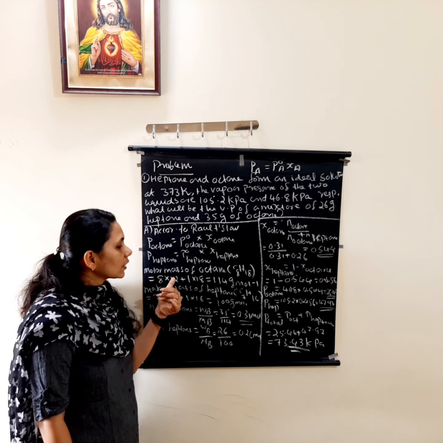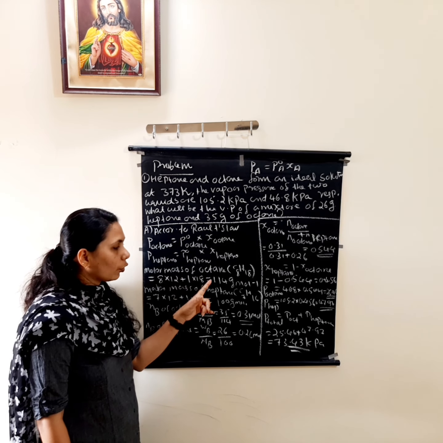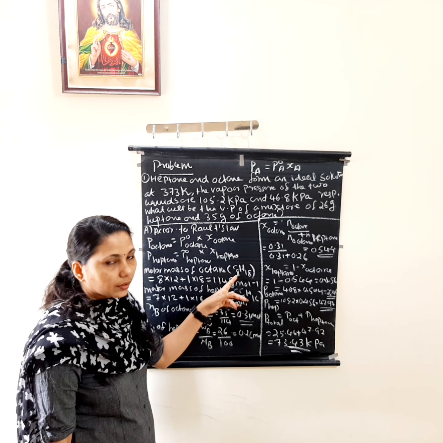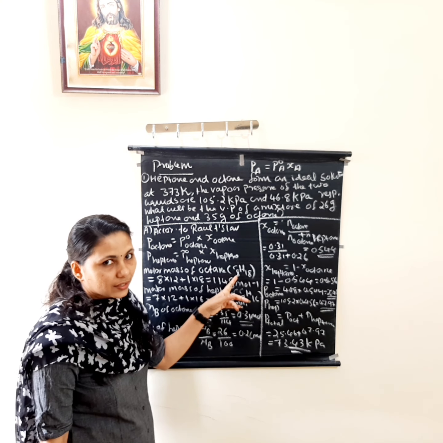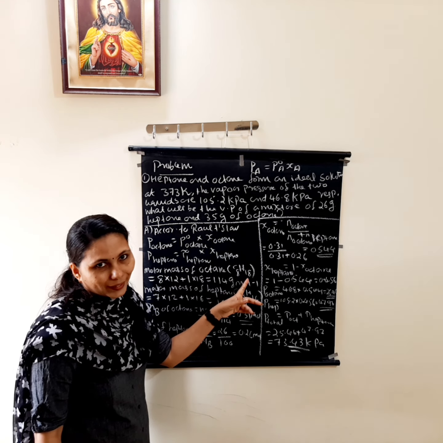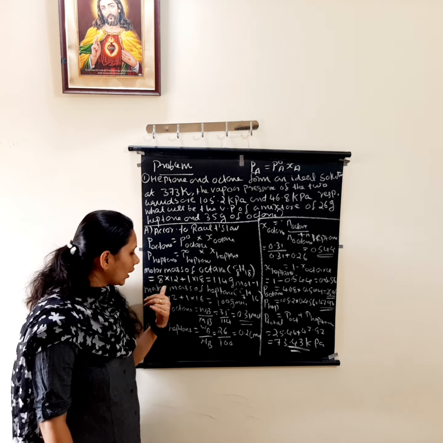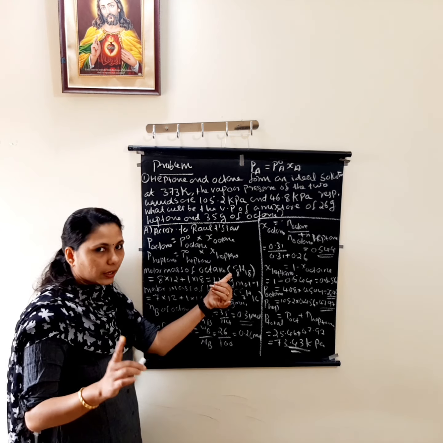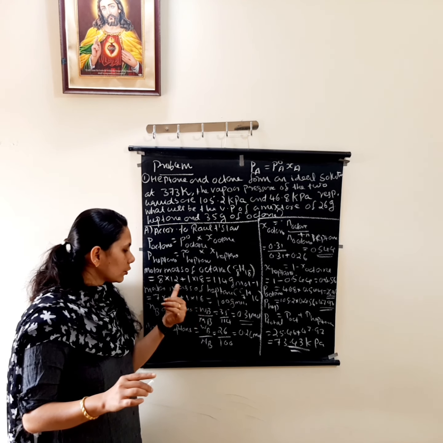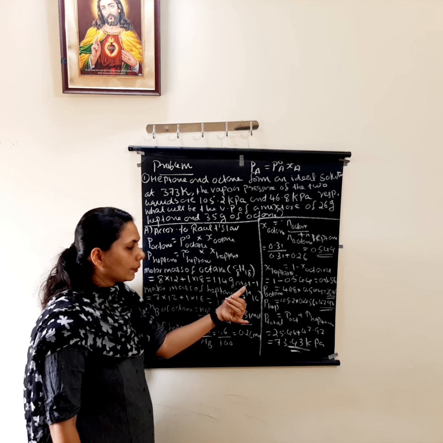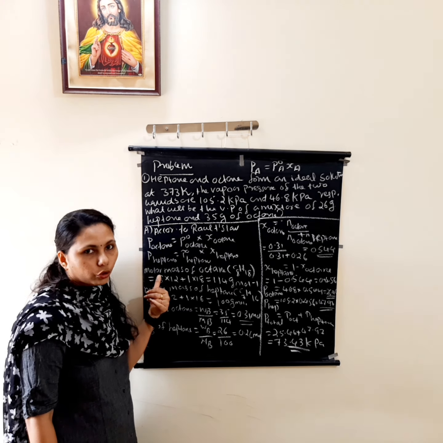First I am calculating the molecular mass of octane. Oct means 8, and octane is an alkane, C_nH_(2n+2), so its molecular formula is C8H18. So 8 into 12, plus 1 into 18, equals 114 gram per mole, the molecular mass of octane.